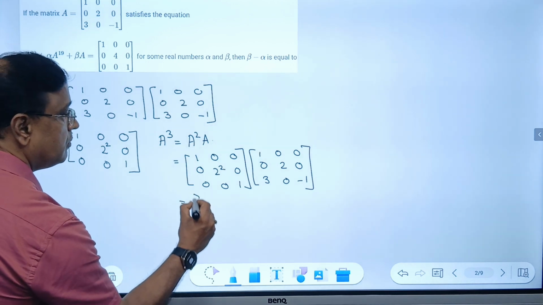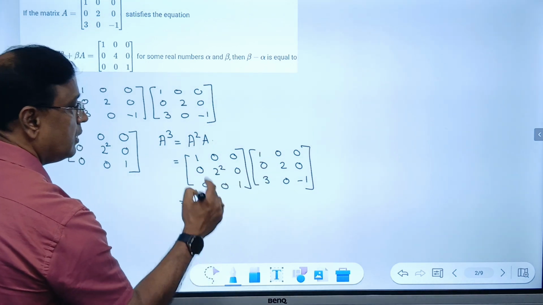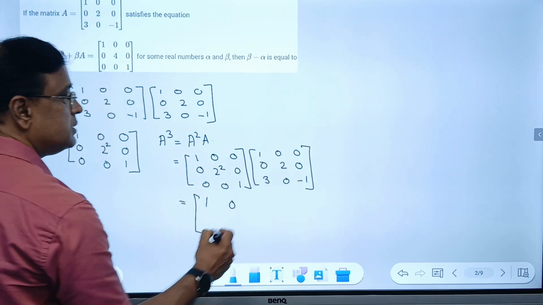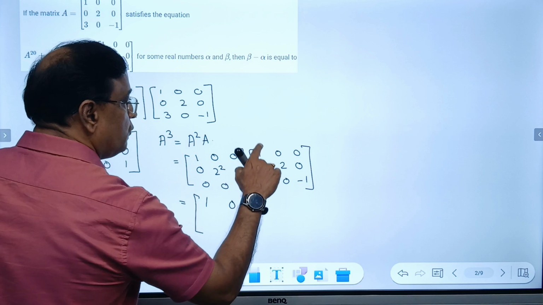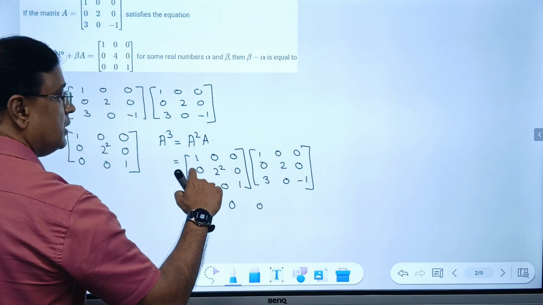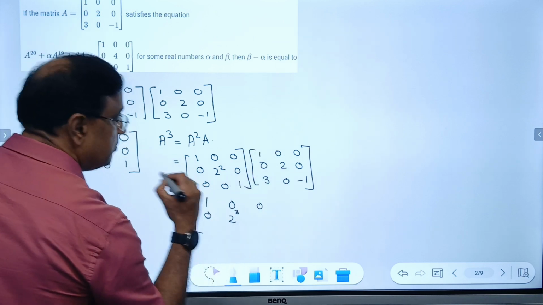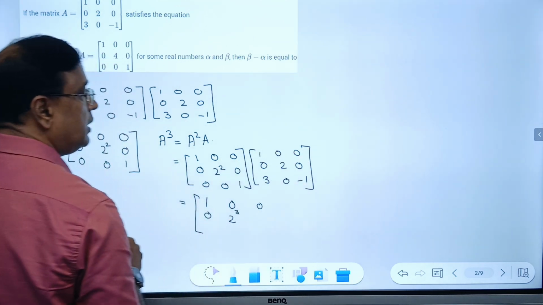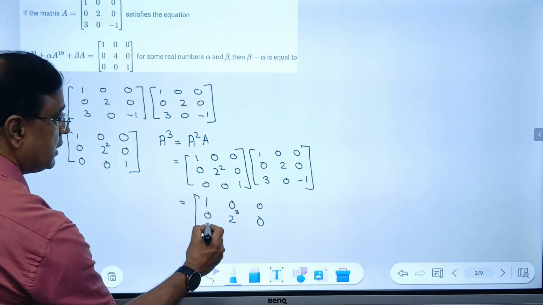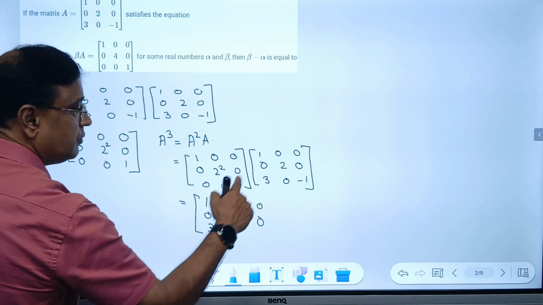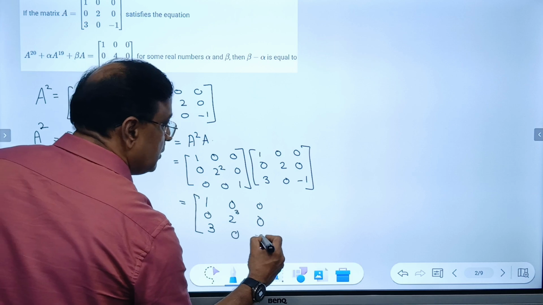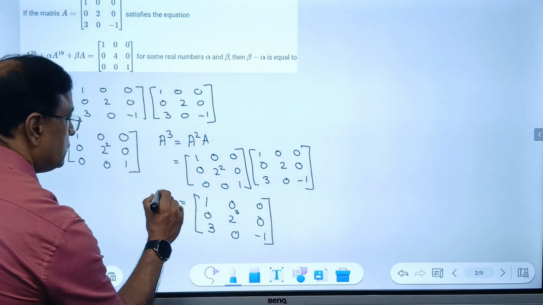First row, first column, I get 1, 0. First row, third column will be 0. Second row, first column will be 0. Second row, second column will be 2 cube. Second row, third column will be 0. Third row, first column will be 3. Correct? 0, 0, 3. Third row, second column will be 0. Third row, third column will be minus 1. So this is A cube.